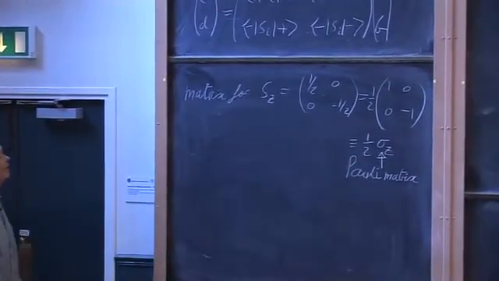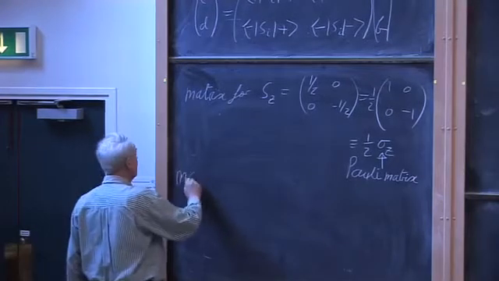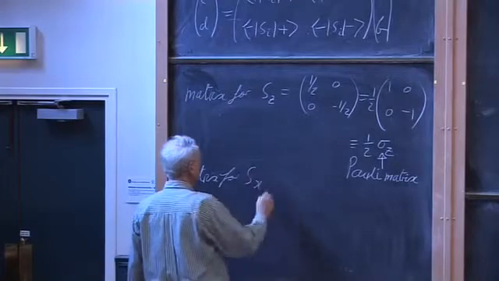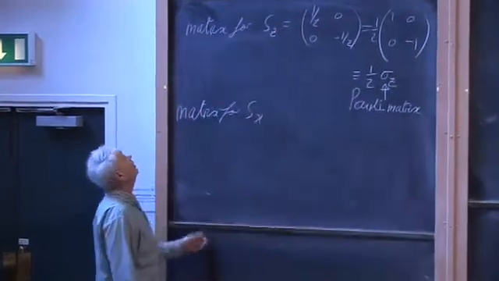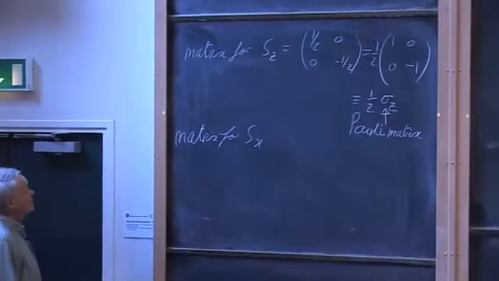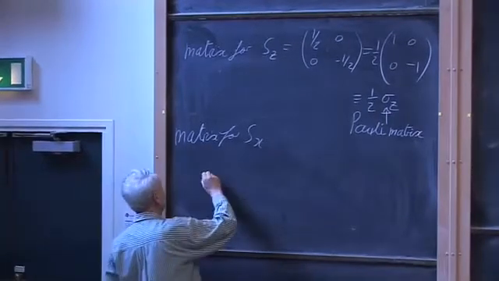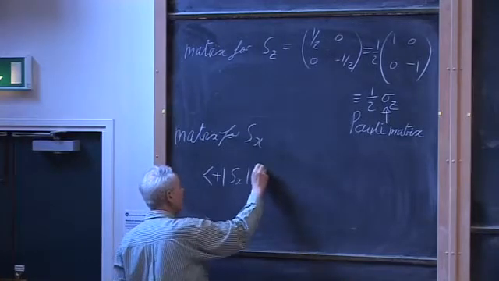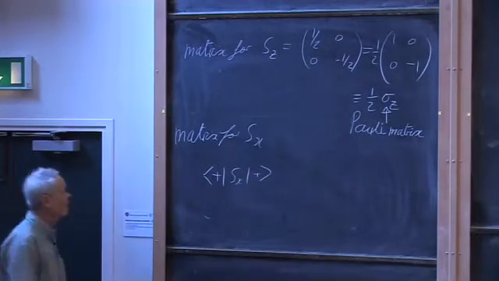Okay, so more interesting is if we ask ourselves, what's the matrix for Sx? The matrix for Sx is going to involve, for example, plus Sx plus. This is a complex number, and we want to know which complex number.